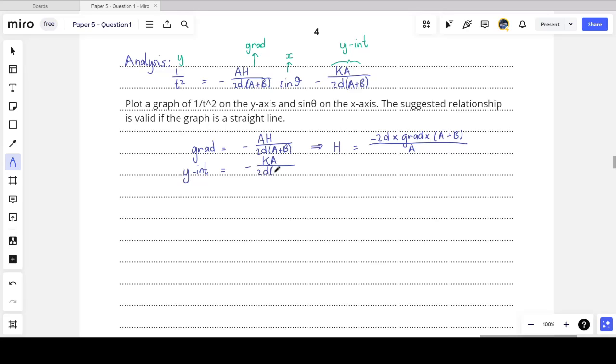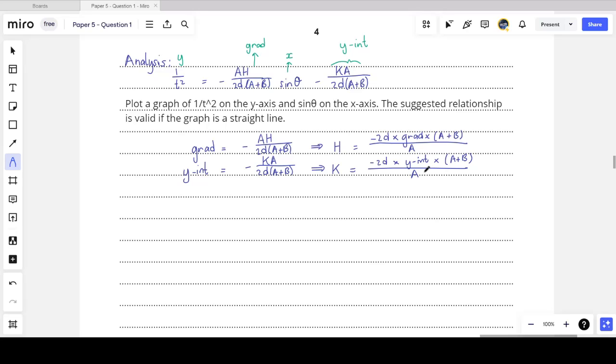So I read off the y-intercept from the graph, or I calculate it mathematically, meaning I can solve for K. So K is going to be minus 2D multiplied by whatever the value of the y-intercept is, multiplied by (A plus B), all of this divided by A. So I have now shown how I can find the values H and K.